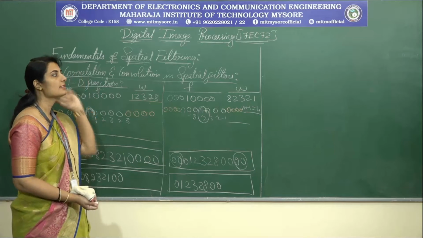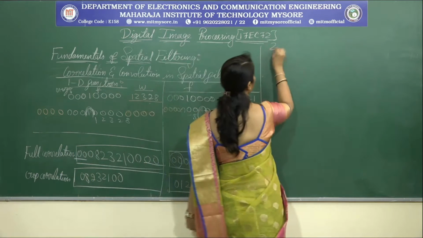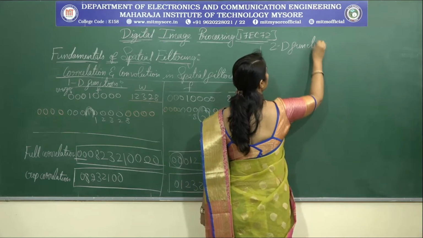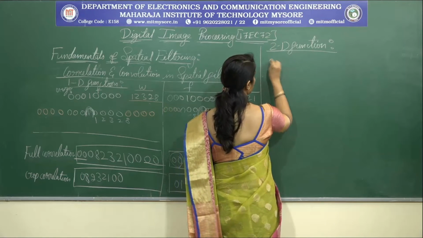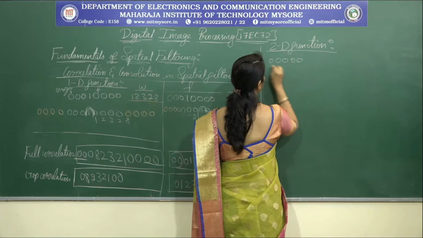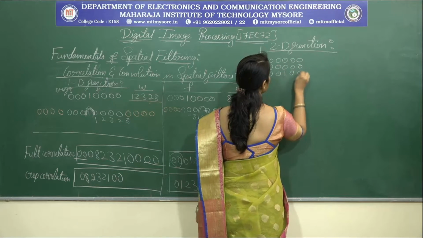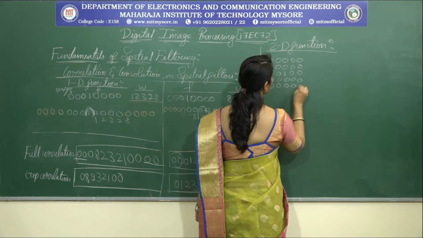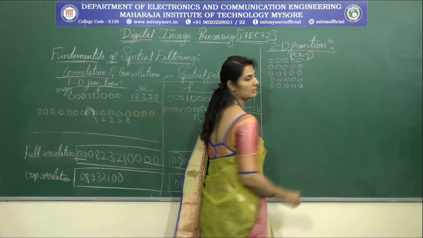So now let me consider 2D functions as an example. So in 2D function, consider this image. So this is the function f of x comma y.